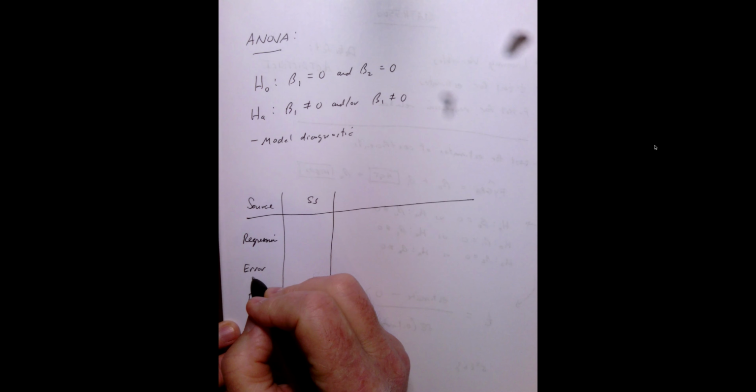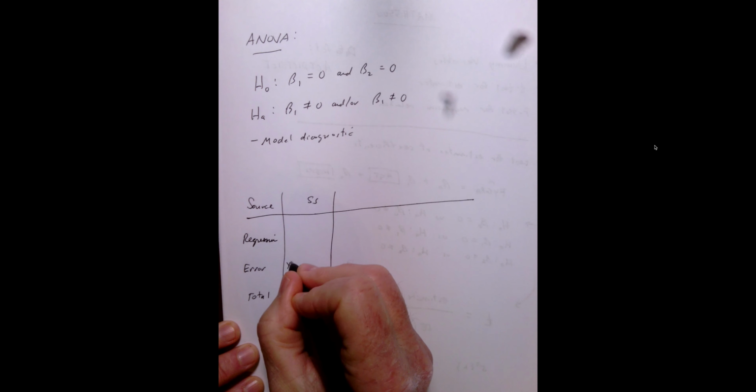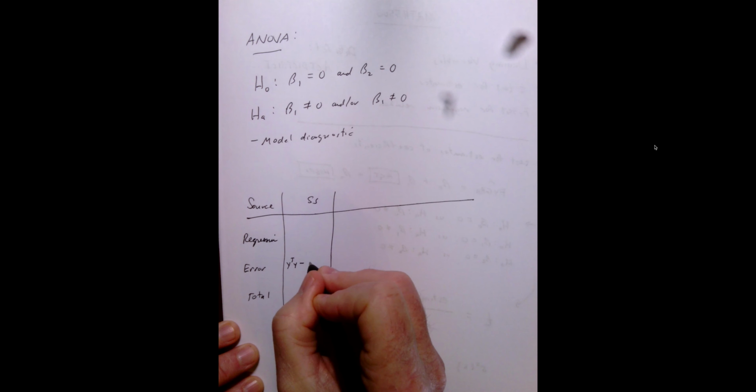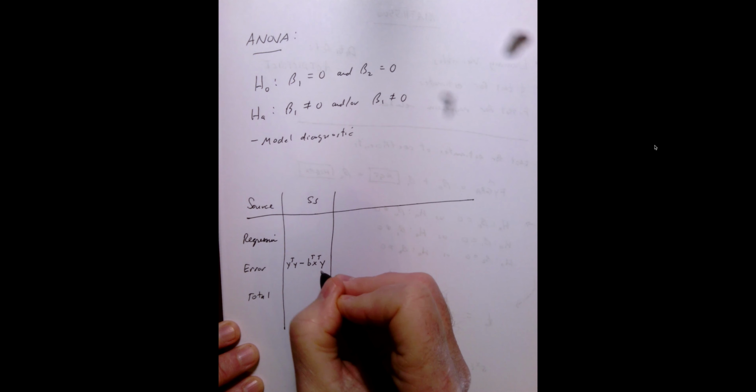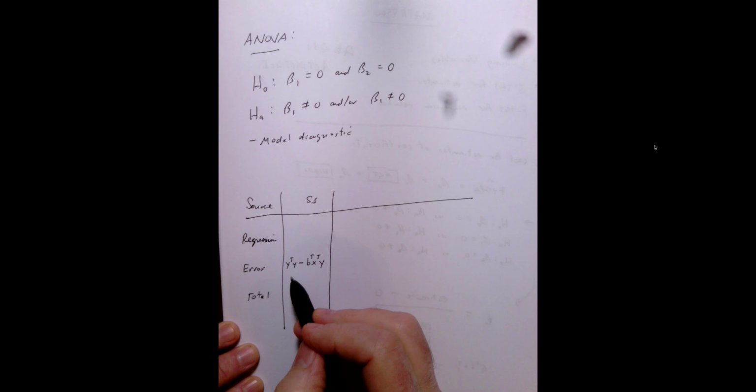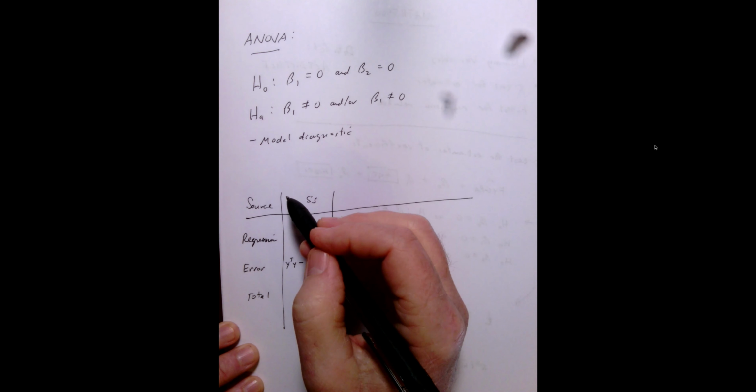For example, we've seen previously that the sum of squares for the error is y transpose y minus beta transpose x transpose y. And the sum of squares for the total is just y transpose y minus 1 over n y transpose J y. And of course we've seen the regression as well.